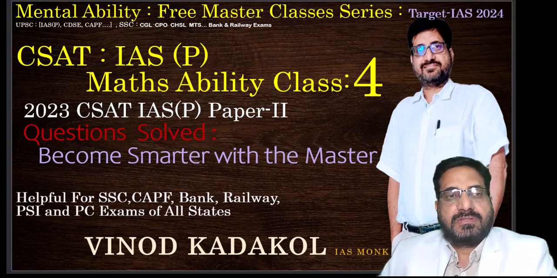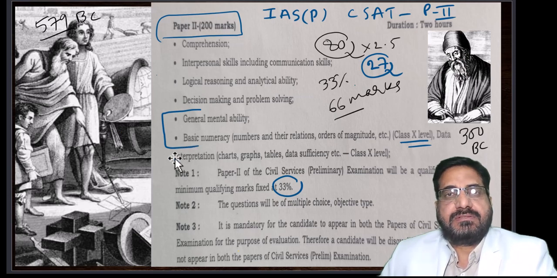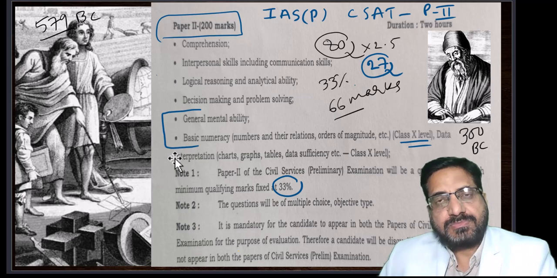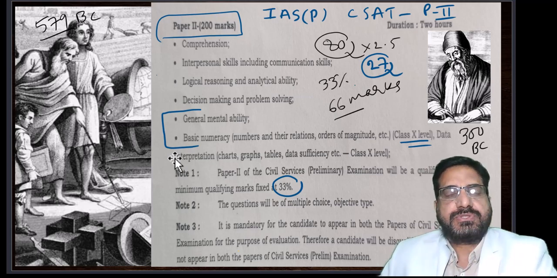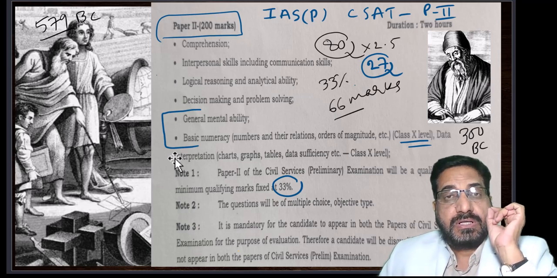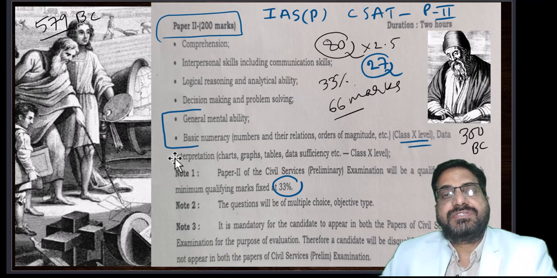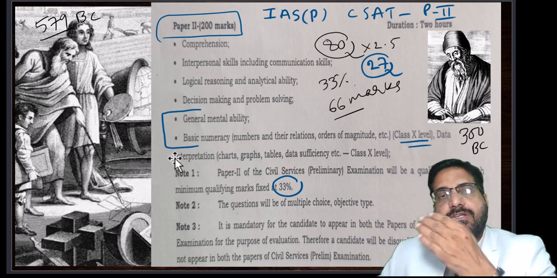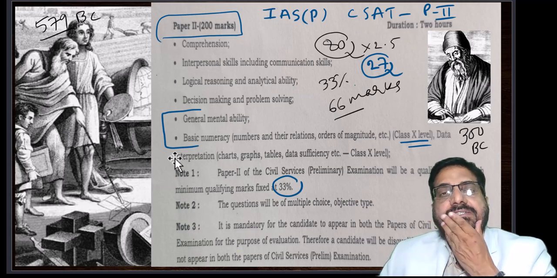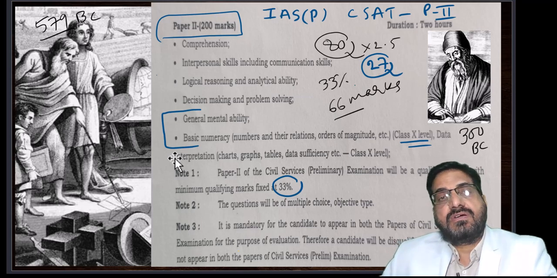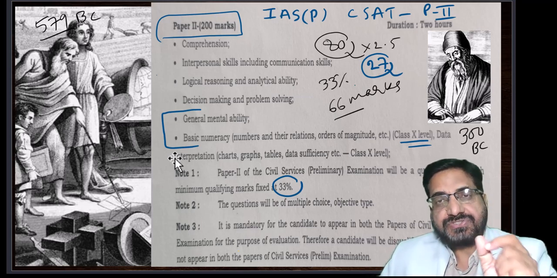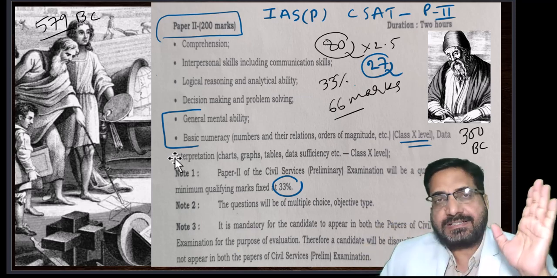So this I already repeated. Paper 2 of IAS Preliminary Exam contains 80 questions. Out of 80 questions, you are supposed to get only 27 questions right. Of course, there will be negative marks for each wrong answer. 1/3 of the marks allotted to that question will be deducted.